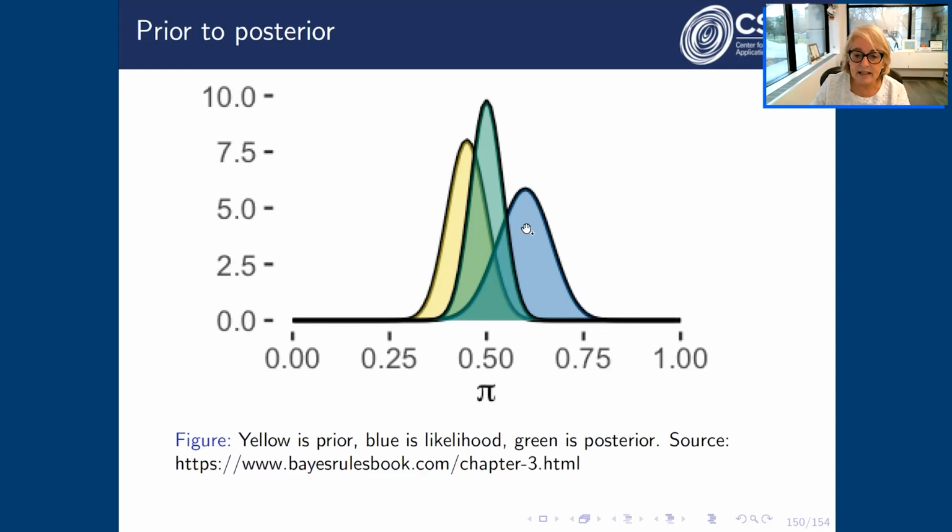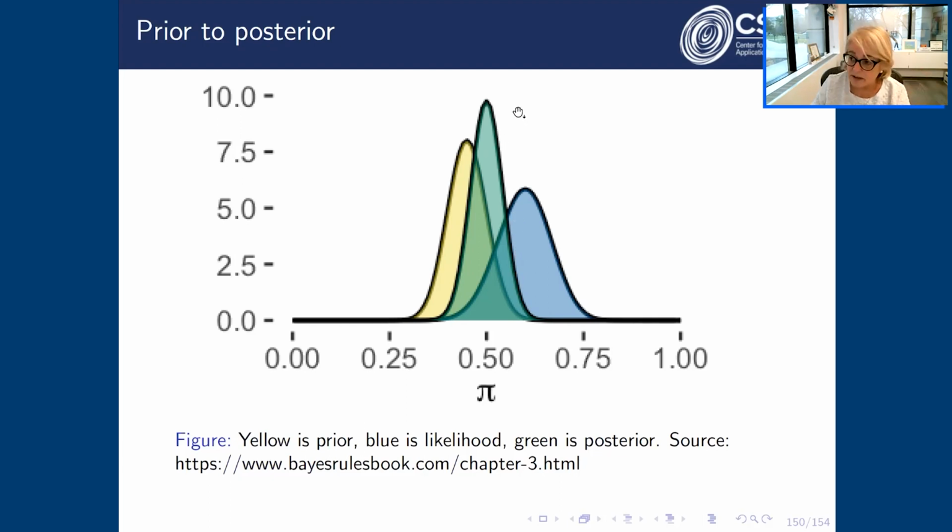But the data is telling me that pi is about 0.6 or so, a little bit higher than 0.6. That's what the data tell me. And so once I combine the data information with the prior information, I get the posterior, which in this example would be represented by this green distribution in the middle.